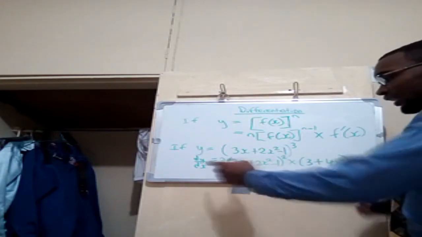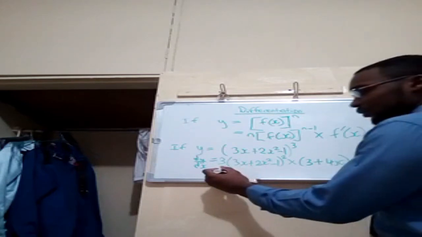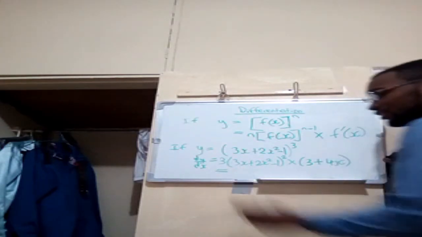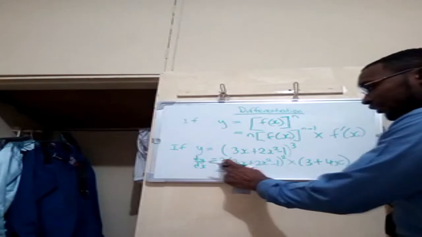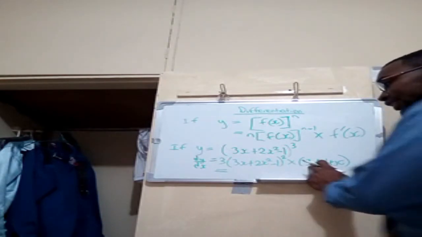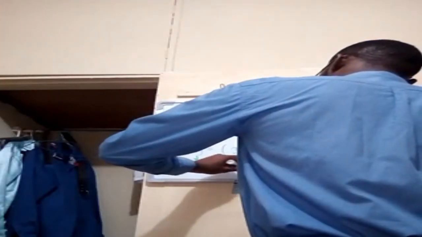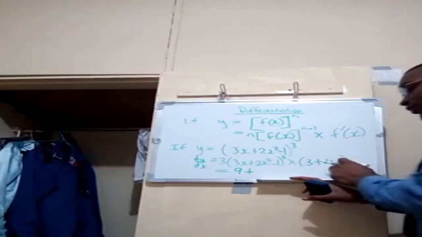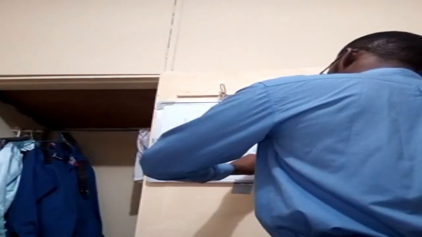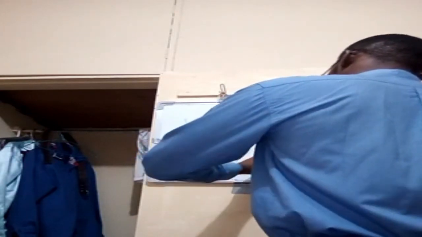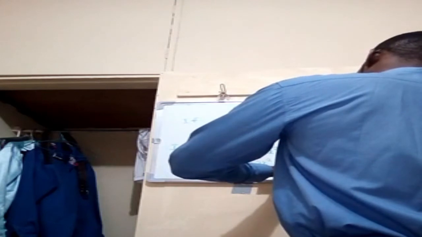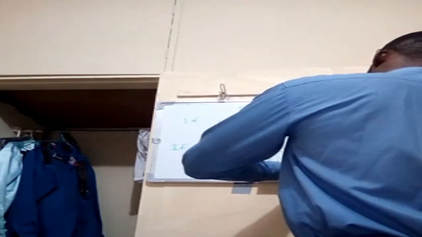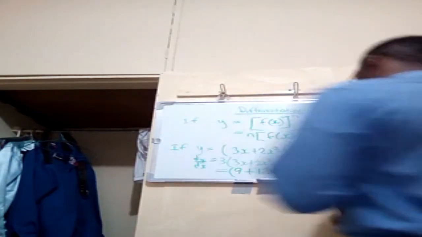If you want, you can simplify this. Often the question will ask us to simplify. To simplify, we can just multiply 3 times 3 right here to get 9, plus 3 times 4x right here is going to give us 12x. So we have 9 plus 12x times 3x plus 2x squared minus 1, all squared.